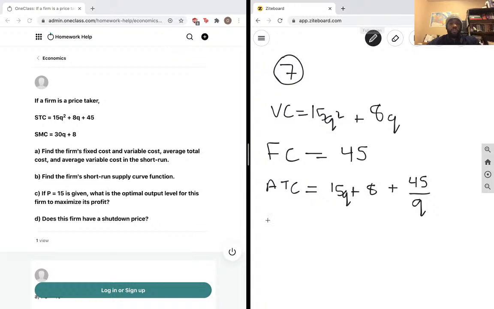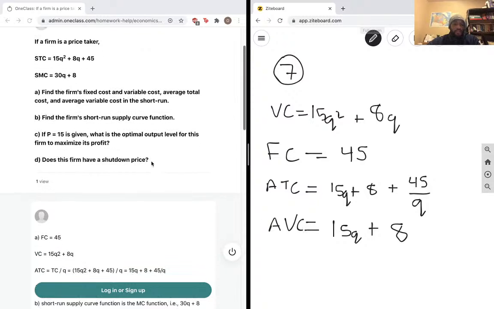And the average variable cost, again, is just dividing the variable cost by Q, and that's 15Q plus 8. That's AVC, average variable cost.